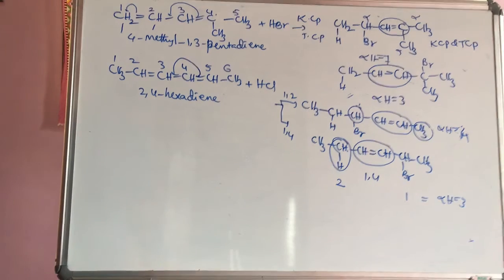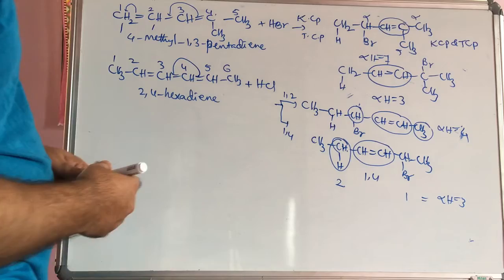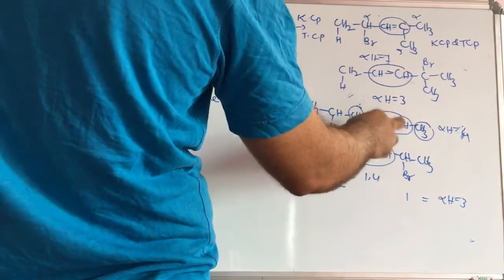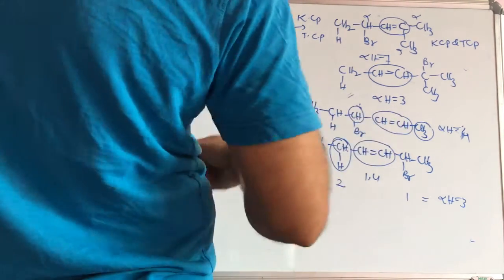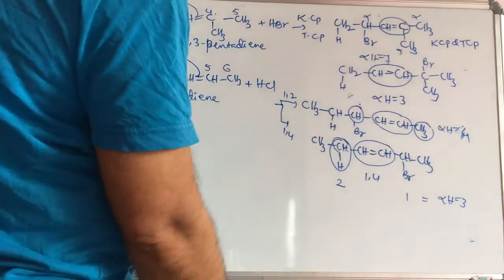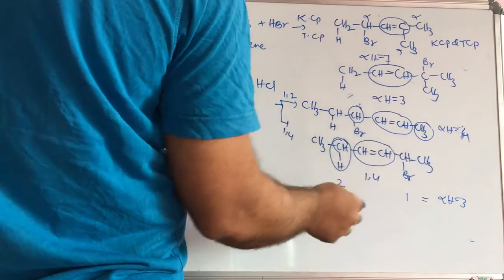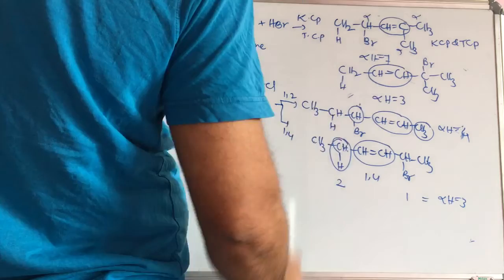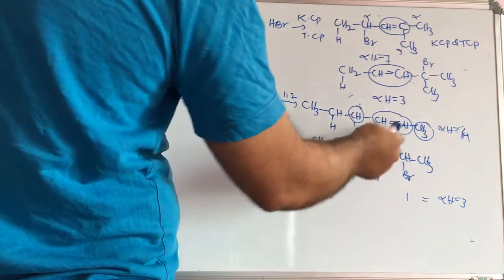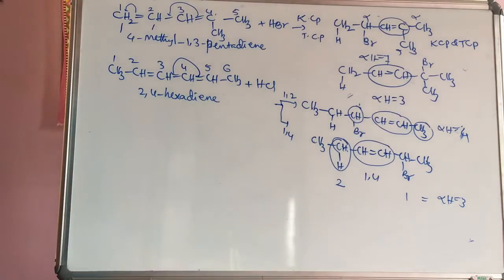Just check whether the stability is the same or different. CH double bond CH3 and here Br, alpha hydrogen CH2, so 3. So this is the more stable one. The 1,2 is the more stable product.